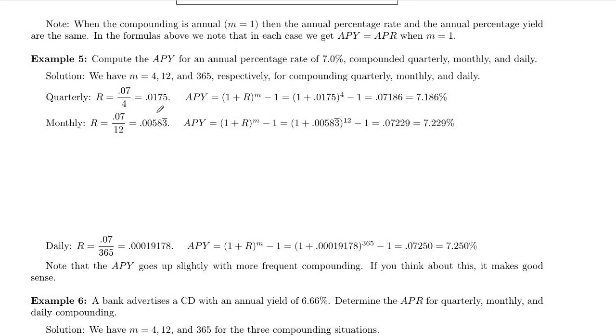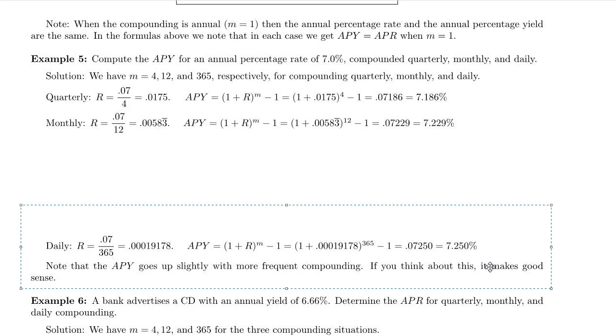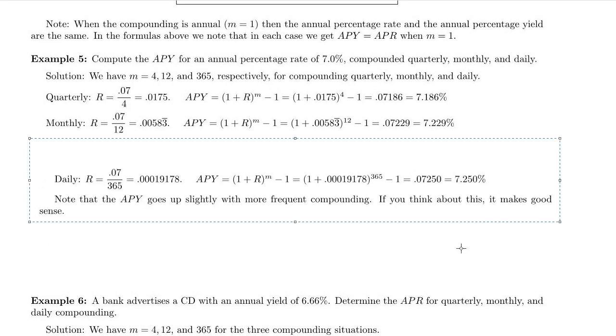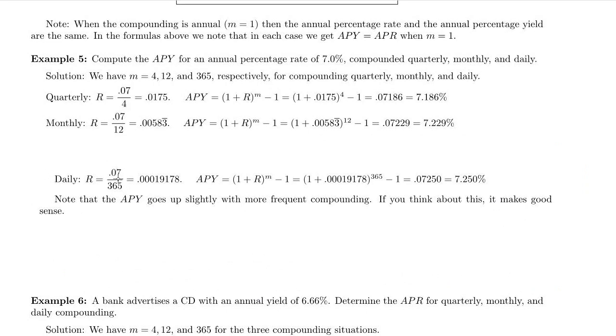If you do monthly compounding, so more often compounded, we get 7.229%, a little bit bigger. And then if you do daily compounding, you get 7.25%. So we're just plugging into the same formula, just changing our value of M. So notice that our APY goes up with more compounding. Okay, so that's true in general.